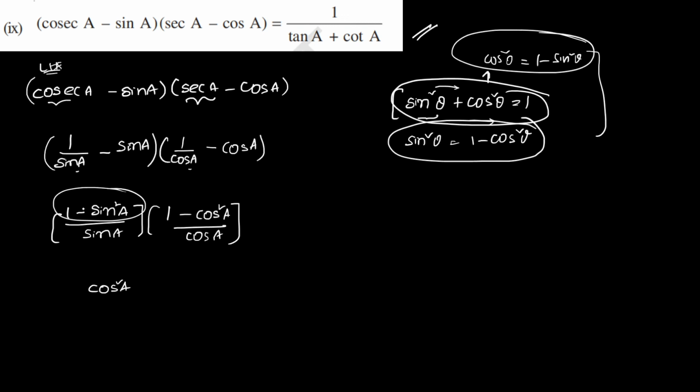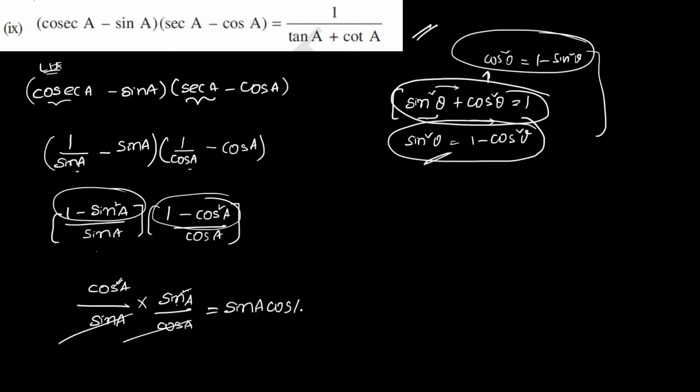Now I can write 1 minus sin square a as cos square a, by sin a, into 1 minus cos square a, which is sin square a, by cos a. Now one sin a will get cancelled with the square and one cos a will get cancelled with the square, and we are left with sin a into cos a, and this is what we got in LHS.